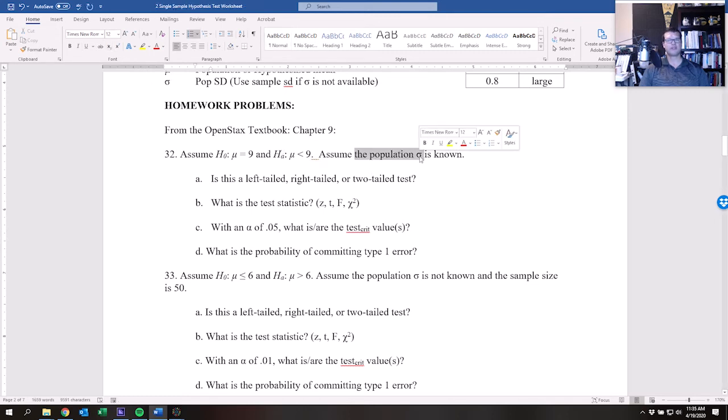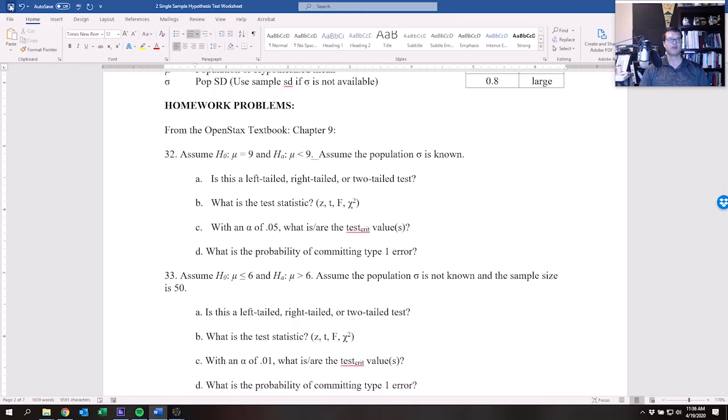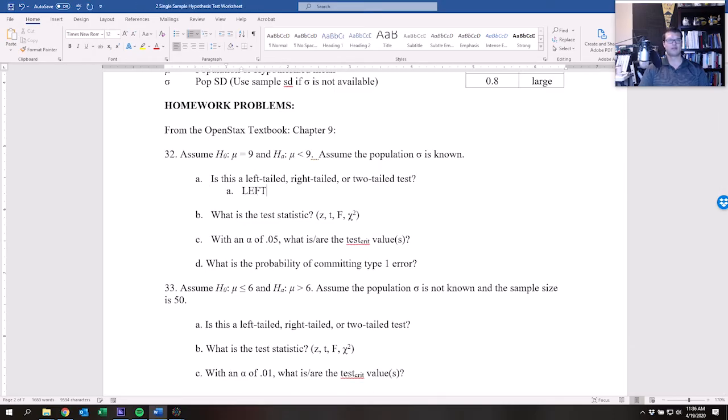Well, remember, all we've got to do is look at the direction of the alternative. When we look at the direction of the alternative, what is this going to be? If it's pointing to the left, then it is going to be a left, or lower tailed test.